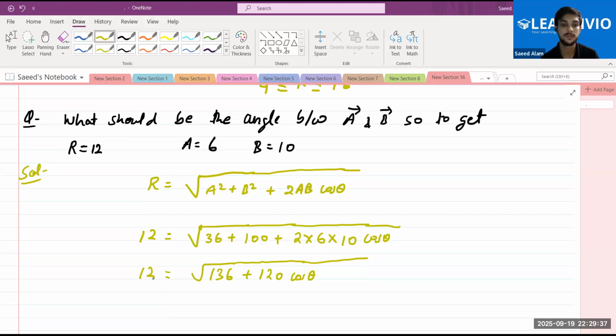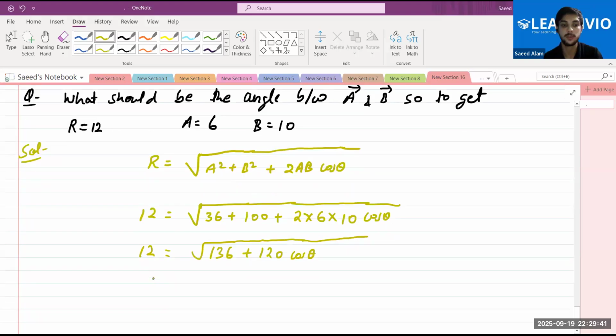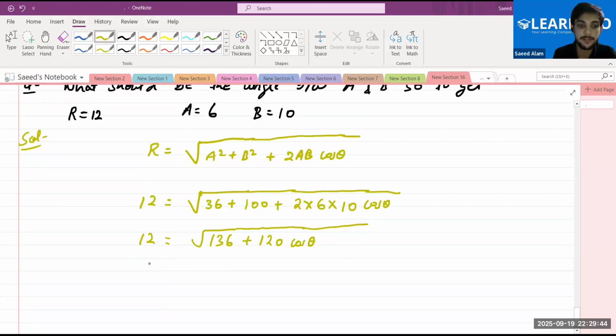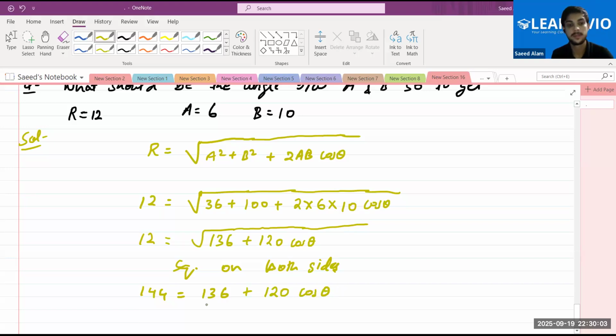For that, what should I do? Square on both sides. What will be the 12 square? 144. Both sides: it will be 144 and it will be 136 plus 120 cos theta. Yes or no? Yes.